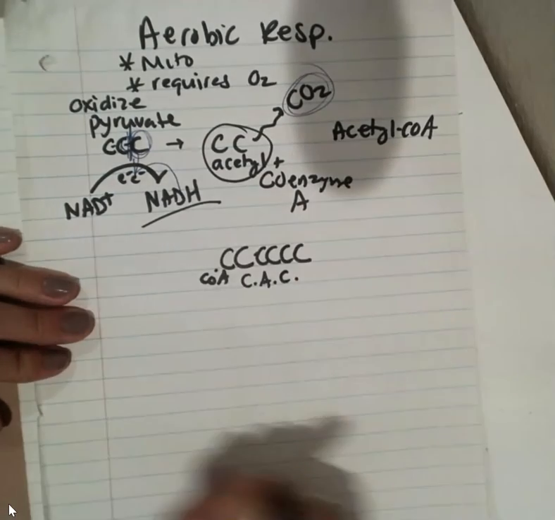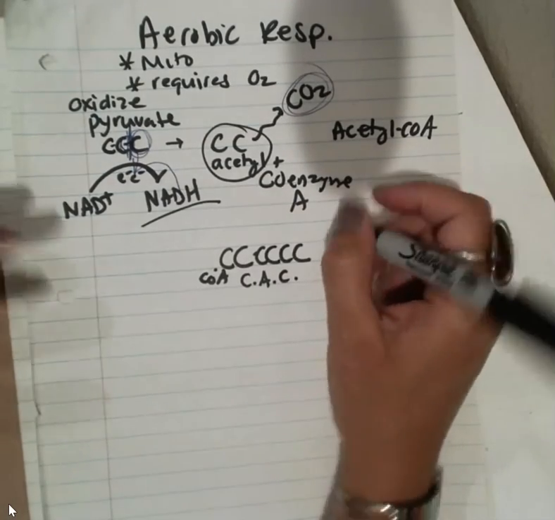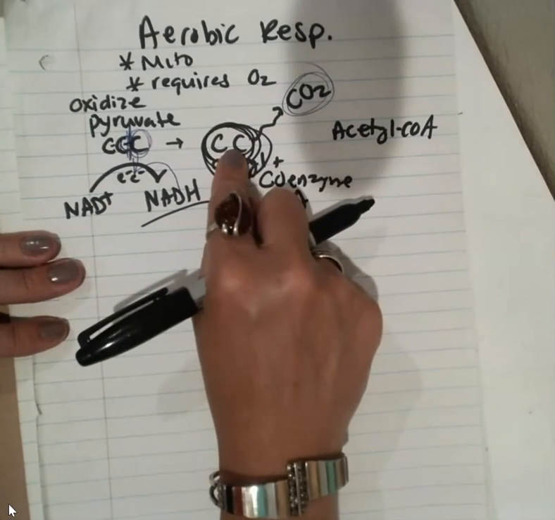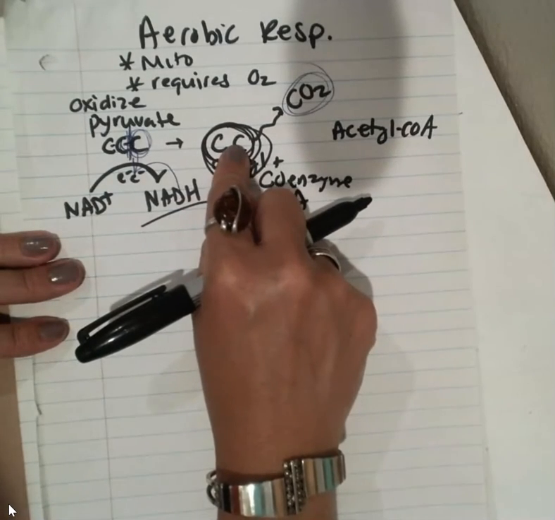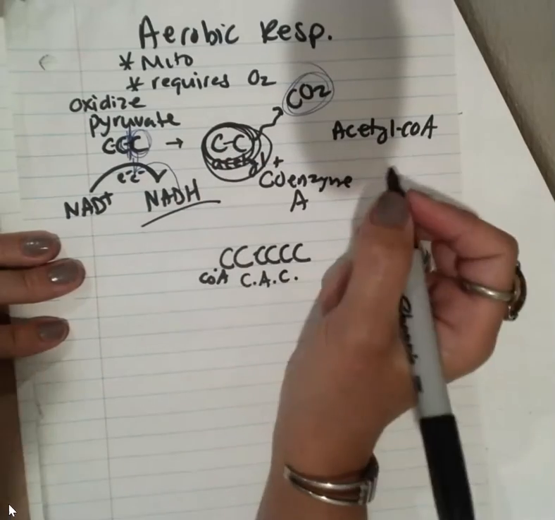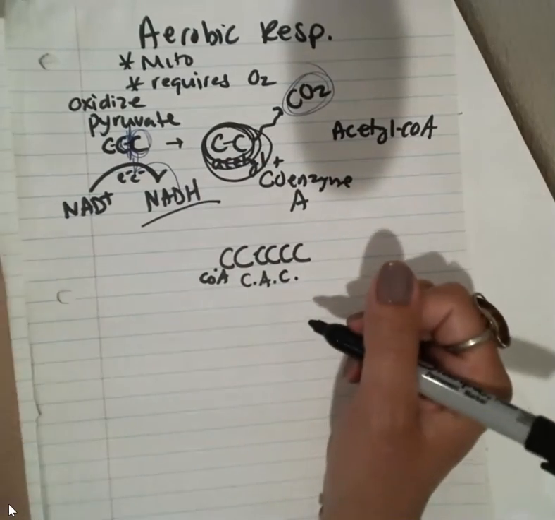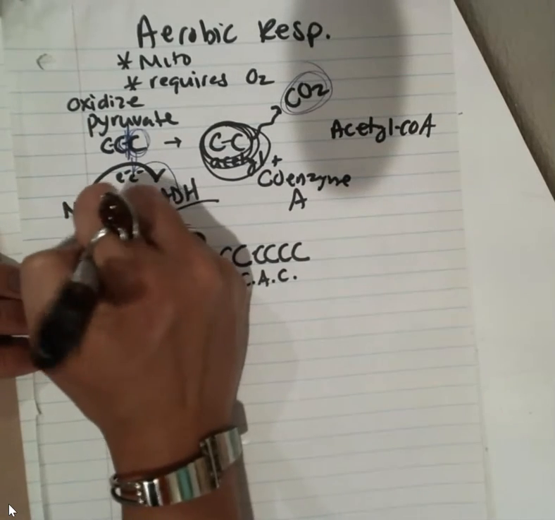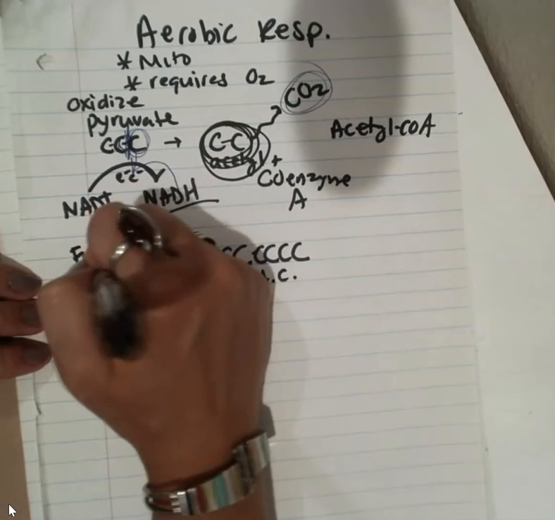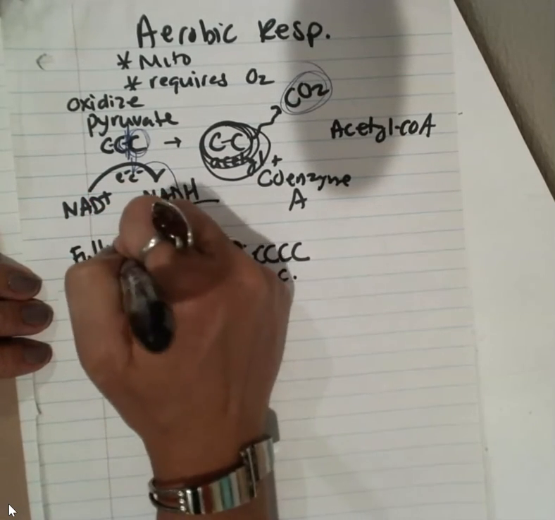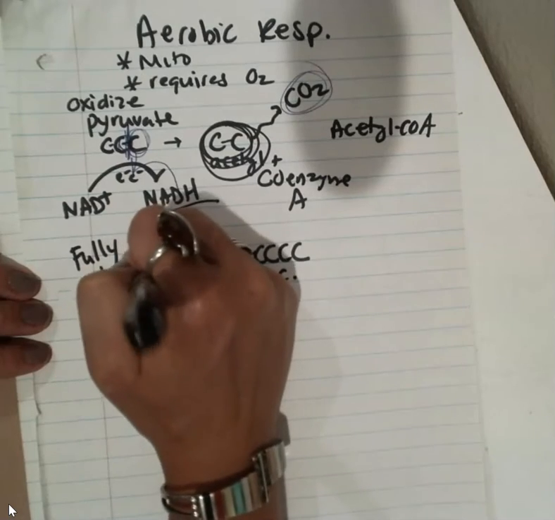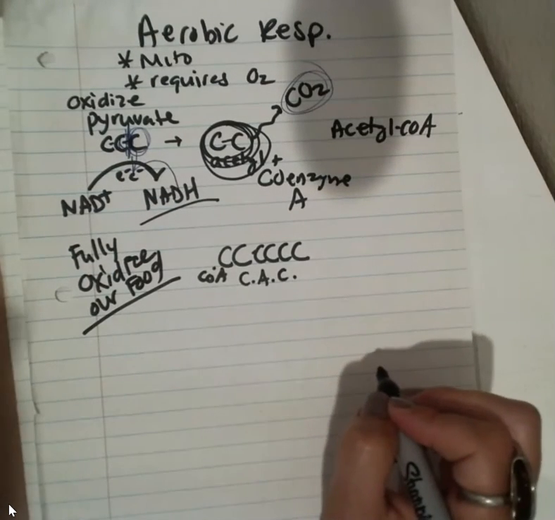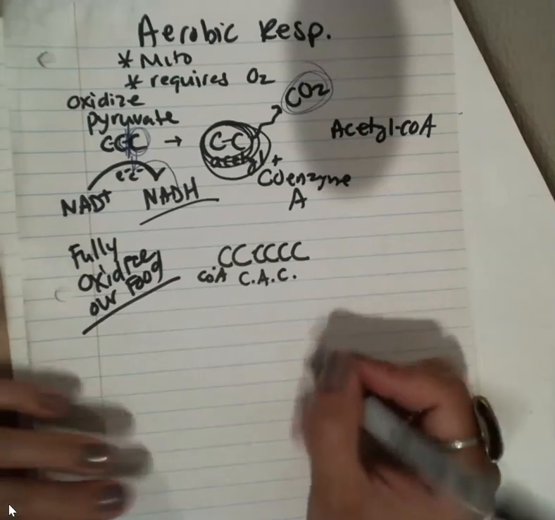Now, throughout the Krebs cycle, our purpose is to get any potential energy that's remaining in these 2 carbons, in the bonds that are still here. So we need to fully oxidize our food. The goal here is to fully oxidize our food and get any potential remaining energy out in the form of reduced electron carriers.